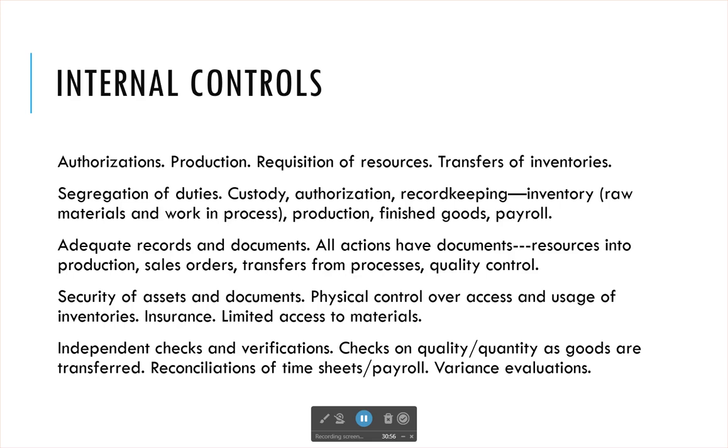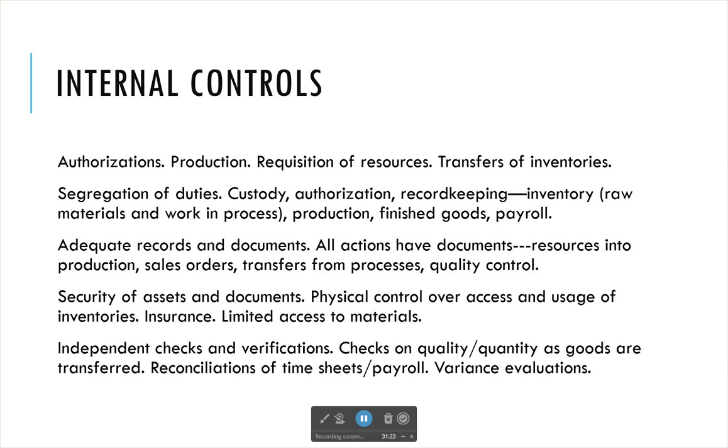There are lots of things that can happen, and the variance reports will give you an idea that something is amiss. There's going to be some checks on the quality and the quantity as the goods are produced, and as they are being transferred within the processes, or as the job tickets are being computed. Someone will look at it and say, does it make sense that this is the cost for that raw material that's applied to the job costing ticket?